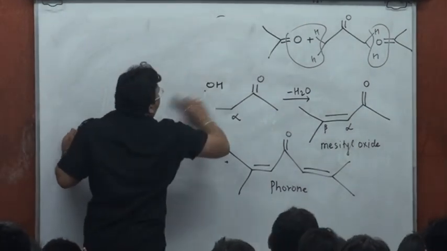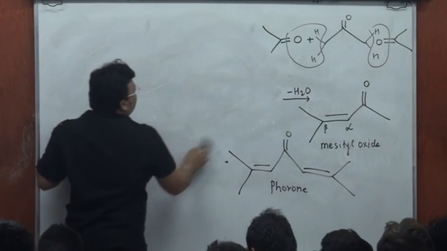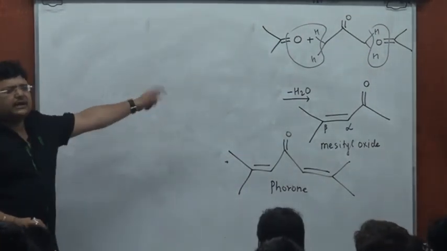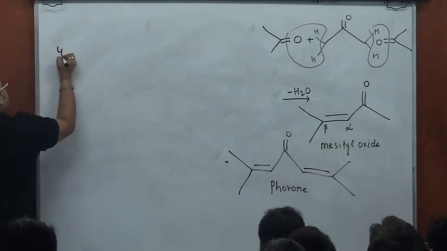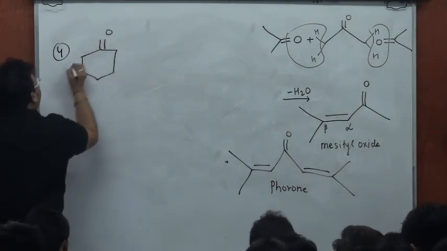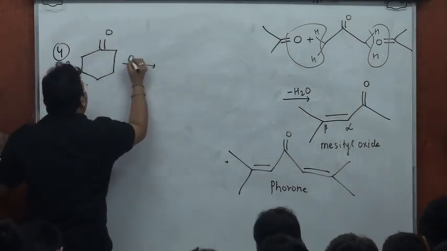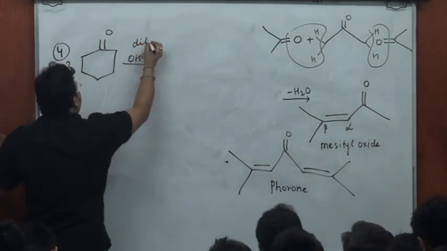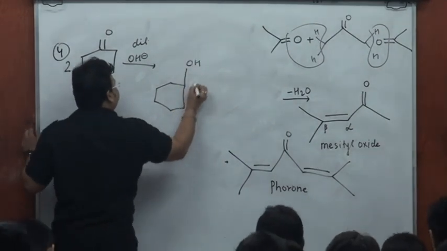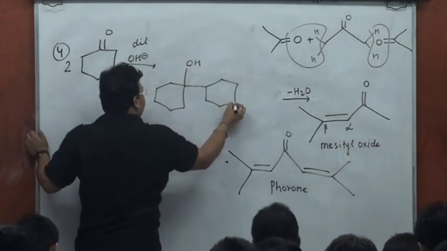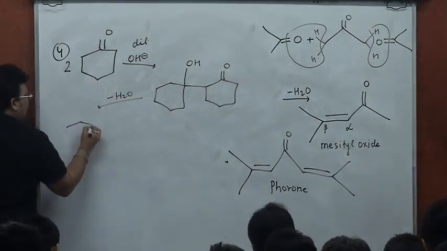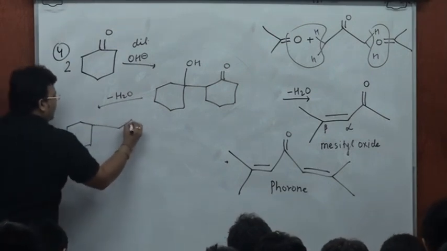And I'll give you some compounds randomly. Maybe you'll want to leave some space in your notebook. Try out the mechanism at home. I've done it for a cyclic compound so far. The same is going to happen if it's a cyclic compound. Believe me, 2 moles of this in dilute alkali is supposed to give you initially a compound of this kind, and then it's going to get dehydrated to a dehydration product of this kind.